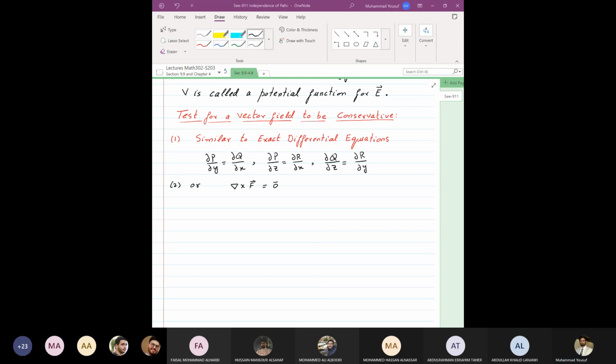Let me just copy this theorem here. Fundamental theorem.